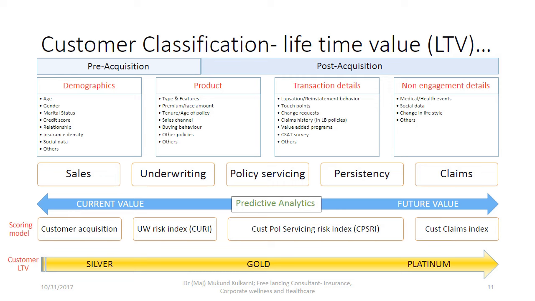Once the customer is acquired and becomes a member, there are all the interactions he has with the insurance company on the policy, which is generally tapped by the policy servicing department. It can be changes in member, address or contact details, assured changes, change requests, or premium mode changes, with multiple touch points where customers can ask for services on the policy.